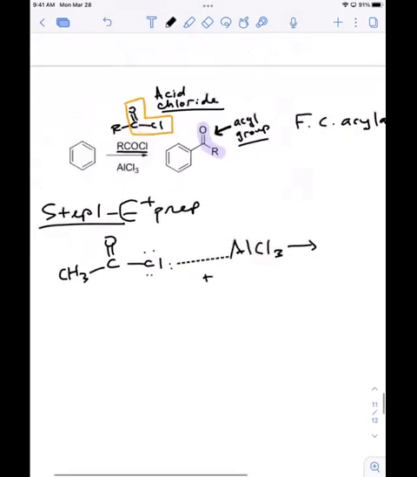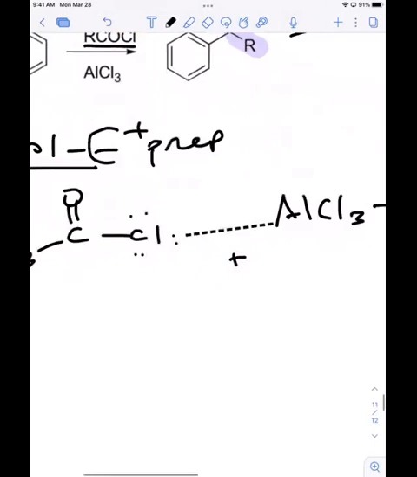Right, you have a coordinate covalent bond, and then that's followed by, what? So once that chlorine associates with aluminum, what's going to happen next? It's gonna leave a carbocation on the carbon. So you're going to break the carbon chlorine bond. Good, excellent.